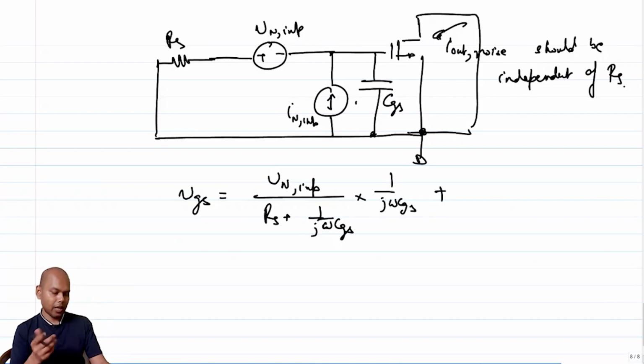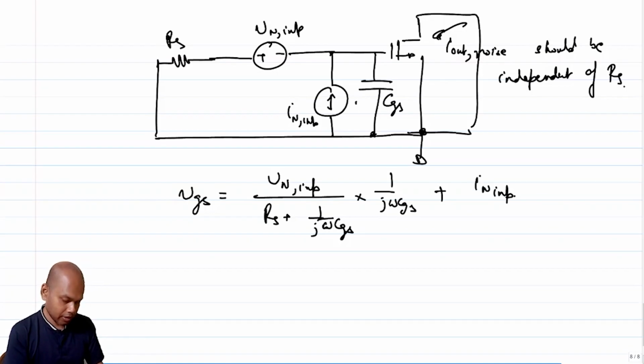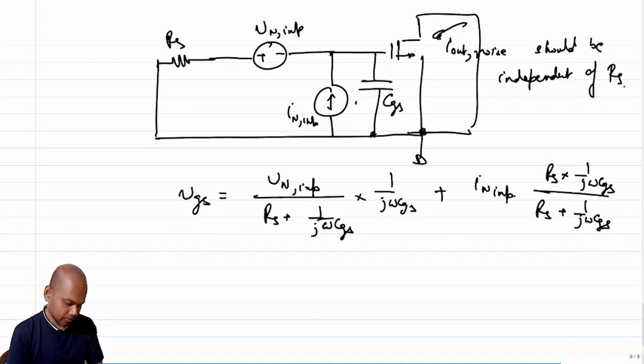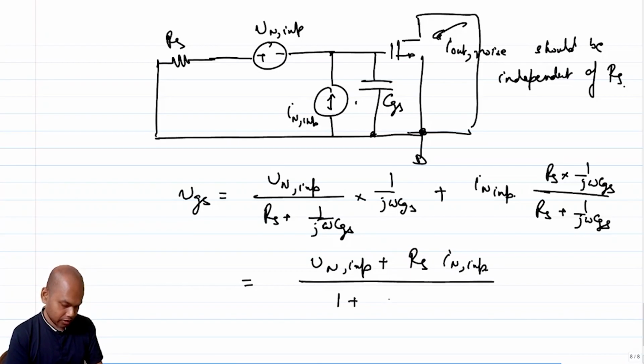And if I use In INP as the only source and desensitize Vn, then this becomes In INP times the parallel combination of Rs and CGS, that is Rs times 1 over j omega CGS by Rs plus 1 by j omega CGS, which essentially means this is Vn INP plus Rs times In INP, all divided by 1 plus j omega Rs CGS.